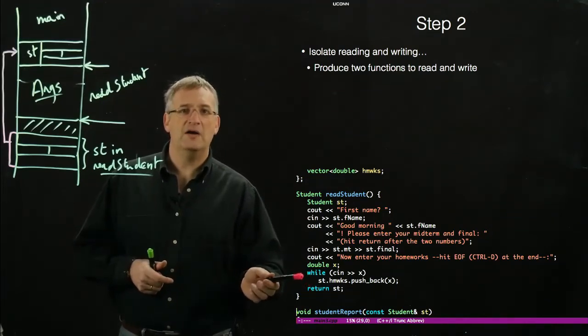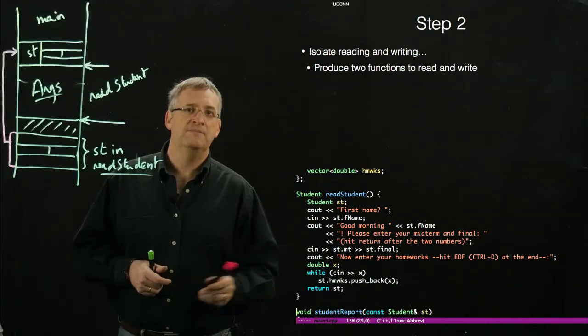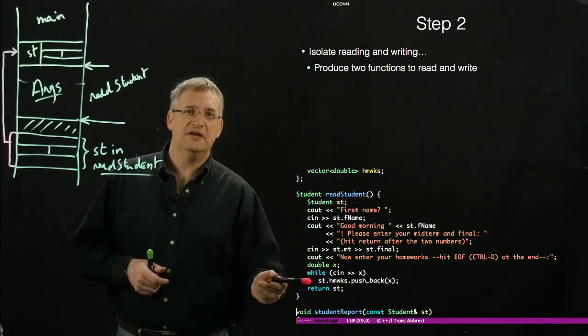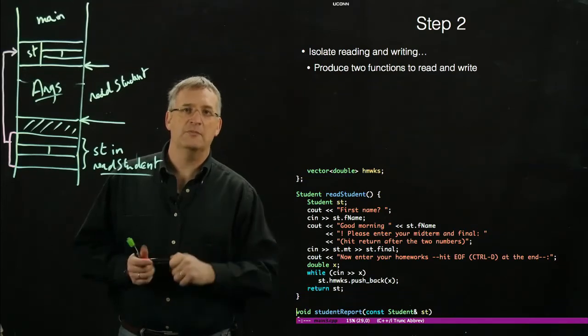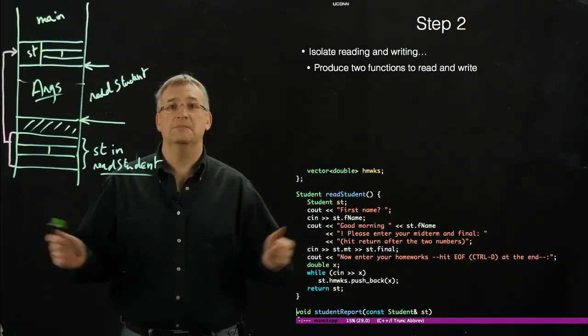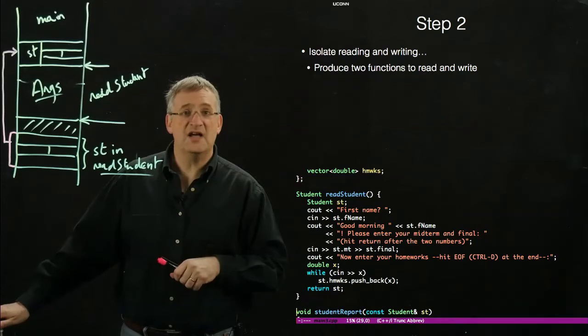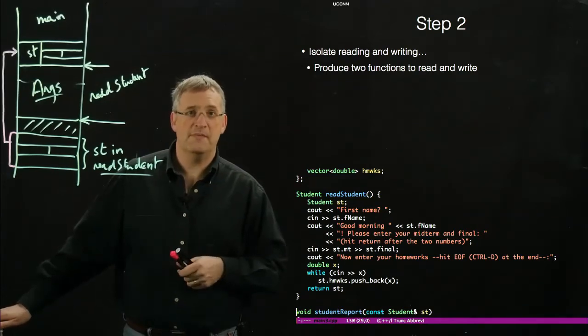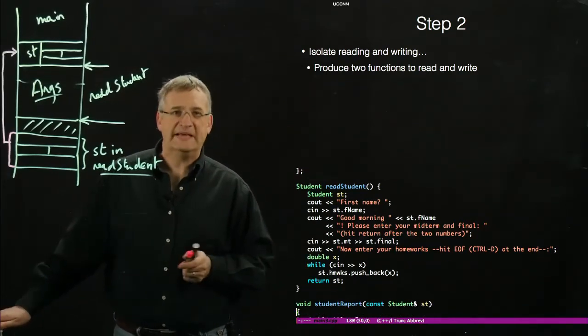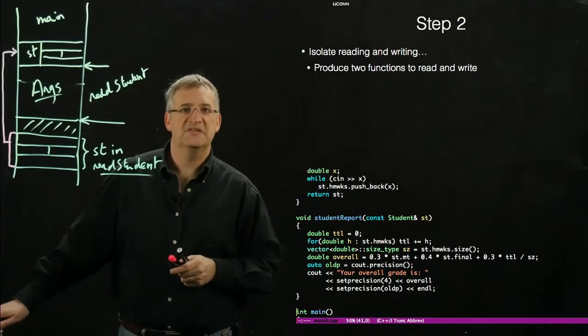Then I have my while loop that says as long as my input stream is not empty, let's read an X, let's add it to the vector, and when I'm done, I'm returning the student. Simple, beautiful. Once this is done, then the student report, remember it's the second part, as expected, you directly see it here.